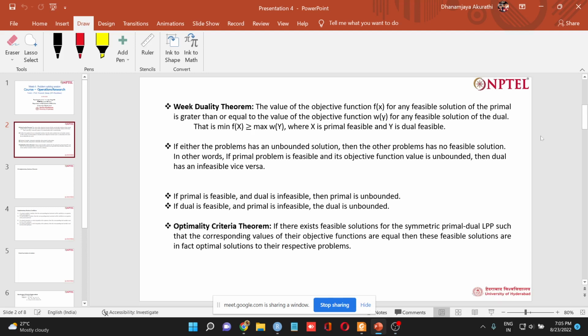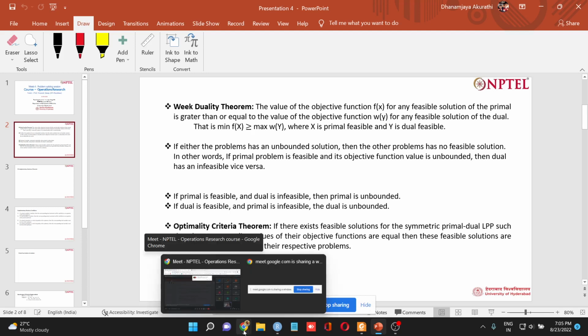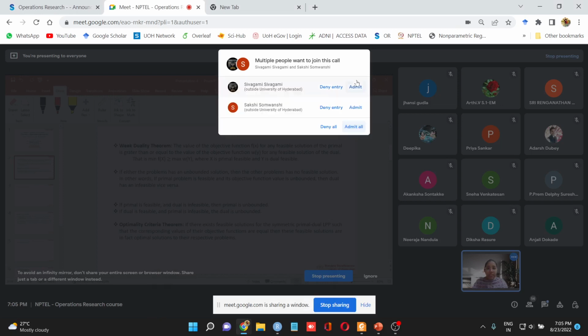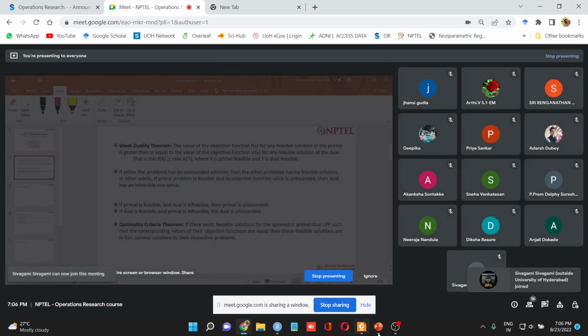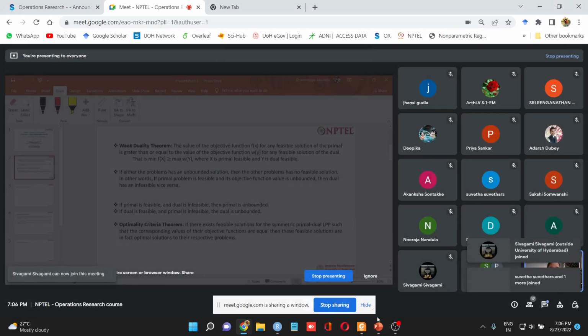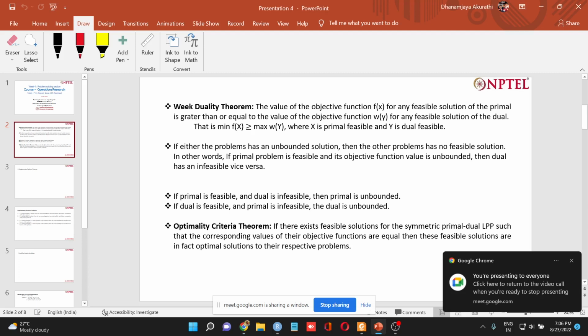If we have an asymmetric primal dual problem, and the primal is the minimization type, then the objective function of the primal is greater than or equal to the objective of the dual. That is stated by the weak duality theorem, and it applies only to the asymmetric primal dual relation.